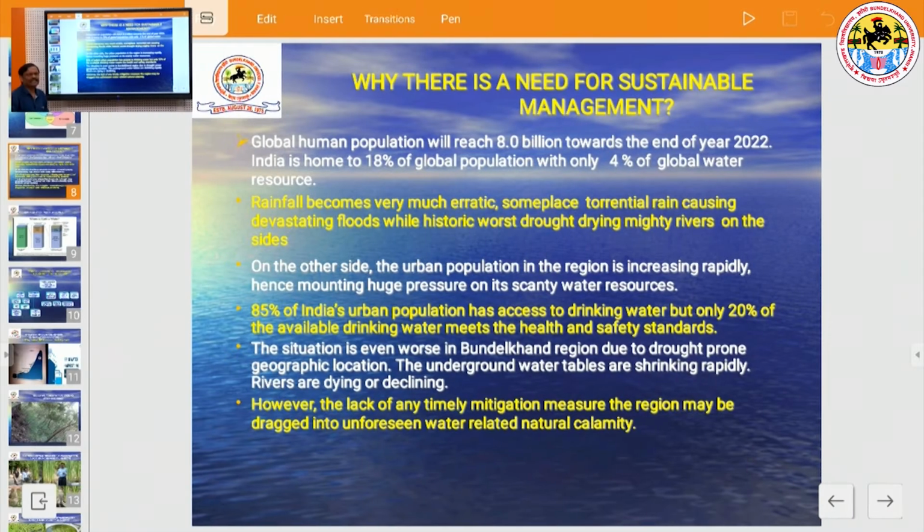Now, why is there a need for sustainable management? As you know, the global human population is going to reach 8 billion by 2050. In most parts of the world the population is not as high as in India.